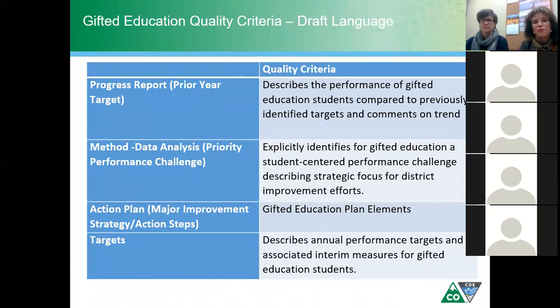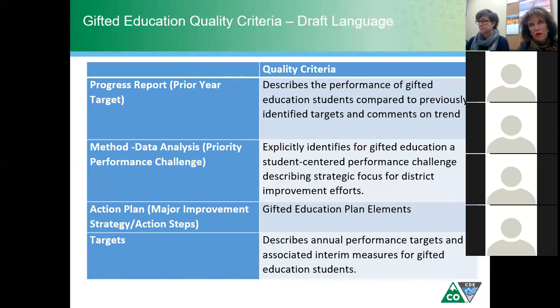And so when you look at progress report, when we're reviewing it, the criteria is that it does speak to what you are seeing as a comparison to last year's target or 2 years ago target to what's happening now, and then comment on the trend of that. As far as the method, we would want to know some reference to your data analysis.